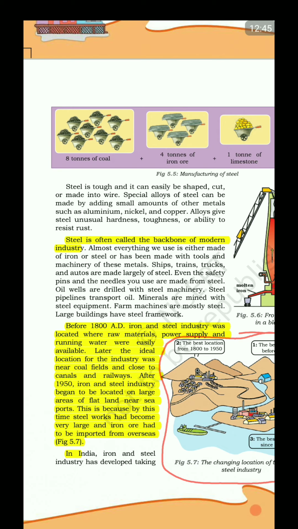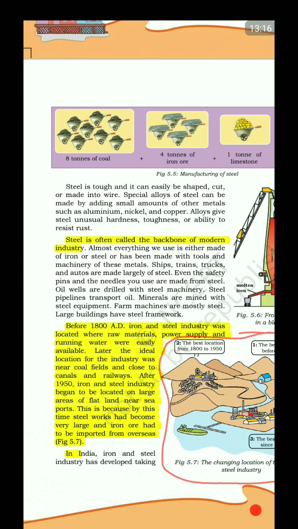As I already told you earlier, we needed charcoal for the heat, so that in the smelting process the dirt can be removed and raw iron, pig iron, can be produced, right? So always near the forest, that is before 1800 AD, the iron and steel industry was located near the forest.